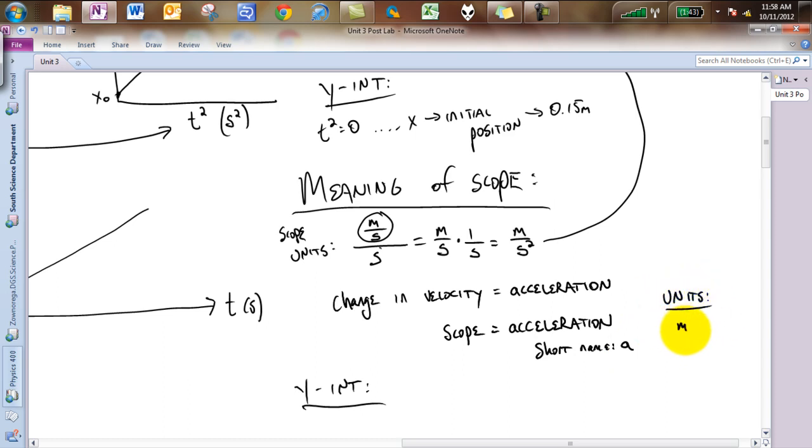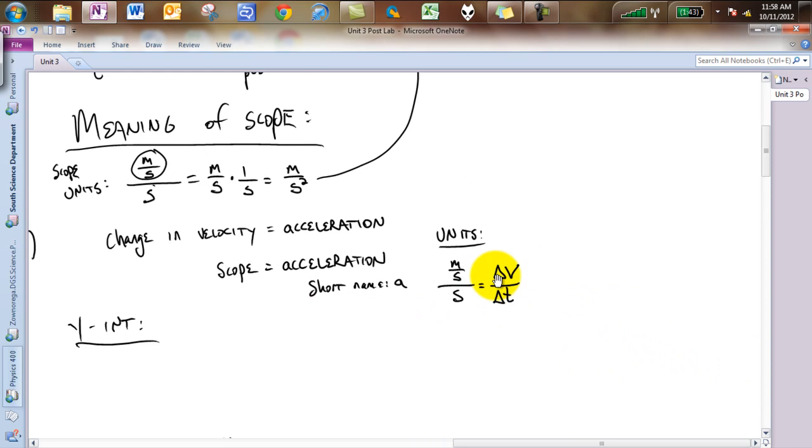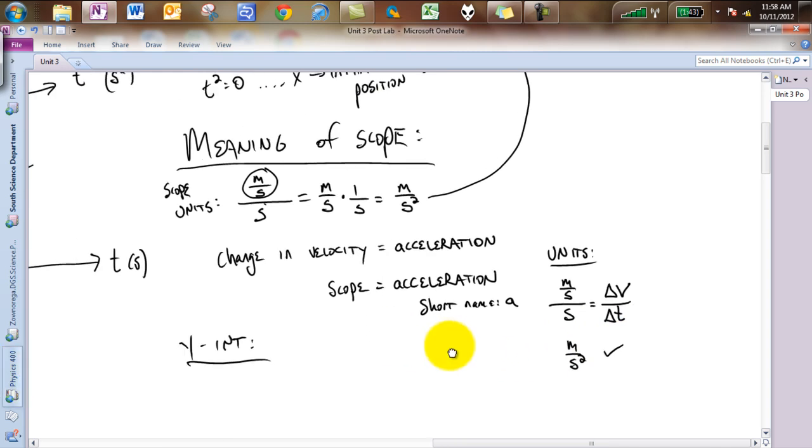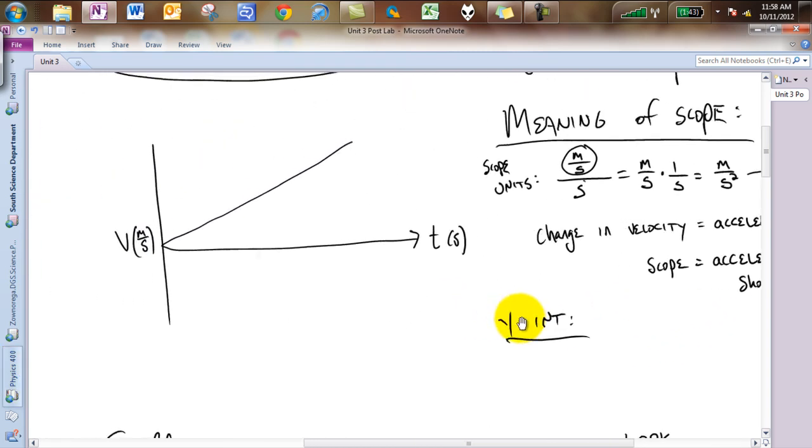The first way is a meter per second per second. The way I like to think about this is a change in velocity per a change in time. Or, if you wanted to, the unit that will work as well is a meter per second squared. That will also check out. So both of those work out just fine and dandy.